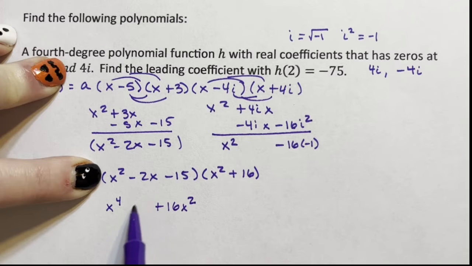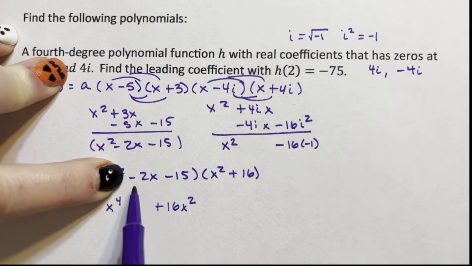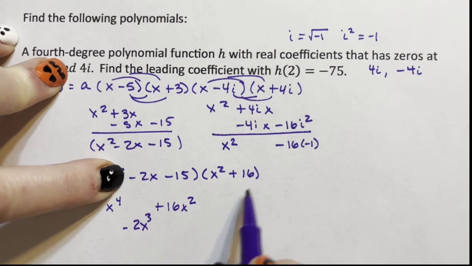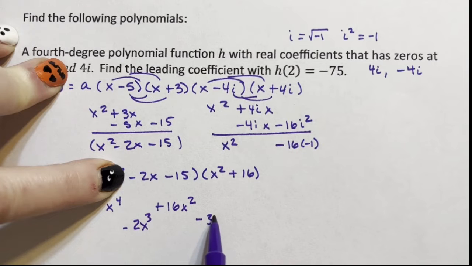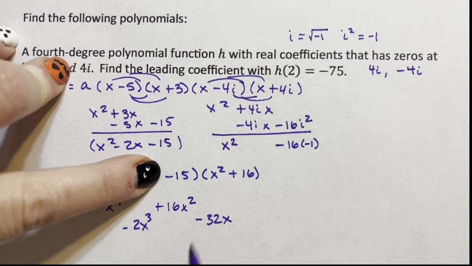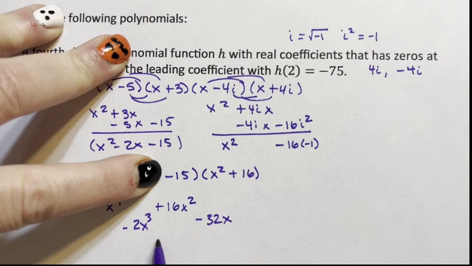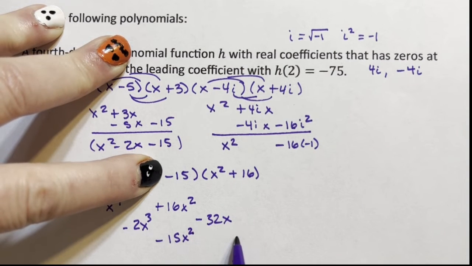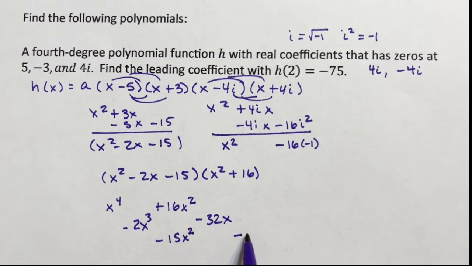I'm going to leave a place for the cubic, and I'm going to move on to the next one. -2x times x squared is -2x cubed, and then minus 32x. So I want to line up all of my like terms. Then -15 times x squared is -15x squared, and then minus 15 times 16, which is 240.